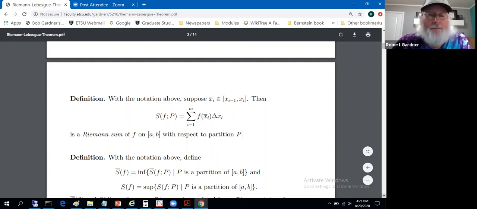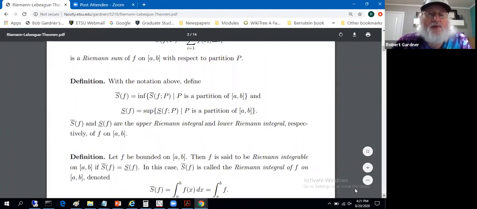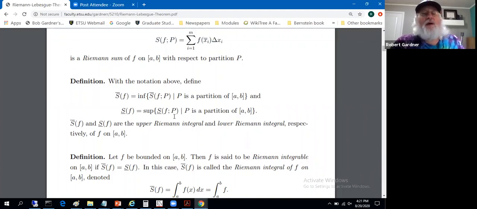Well, anyhow, with the notation above, we're going to use the upper and lower Riemann sums to define upper and lower Riemann integrals. So with the notation above, define overlined S of f to be the infimum of all overlined S, f semicolon P's, such that P is a partition of the interval from a to b.